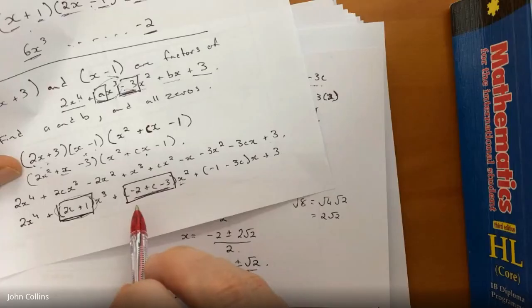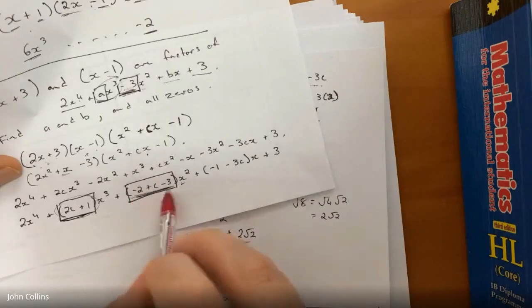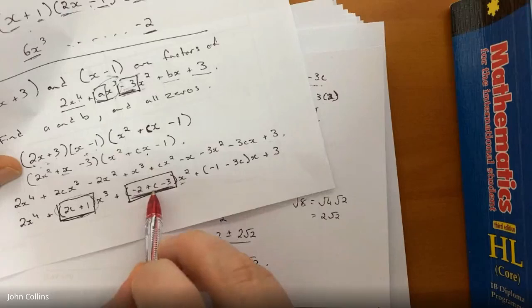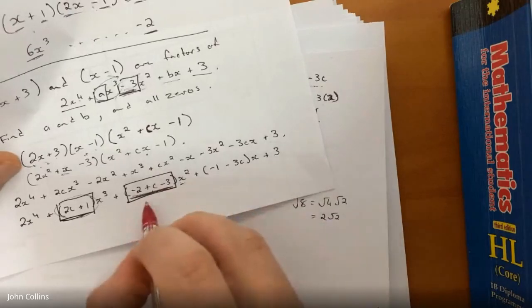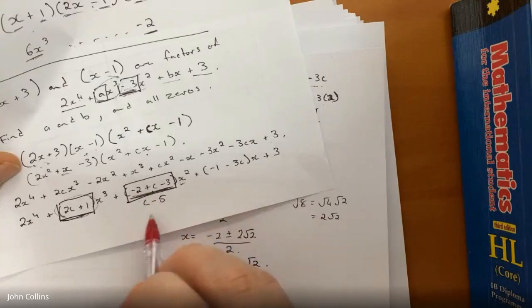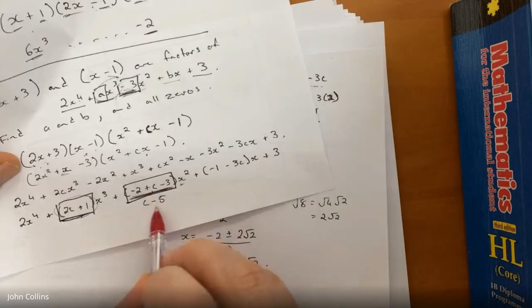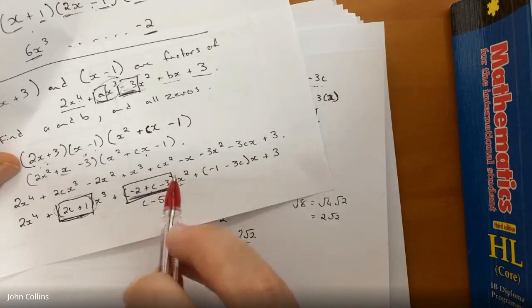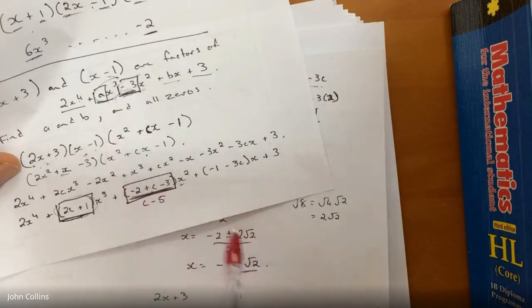Right. You let c equal 2, right? I found c to be 2, yeah. Because the coefficient of the x squared was minus 2 plus c minus 3. Now, I shortened that to c take away 5. That is c minus 5. Yeah? And that equals minus 3, which is the coefficient of x squared.